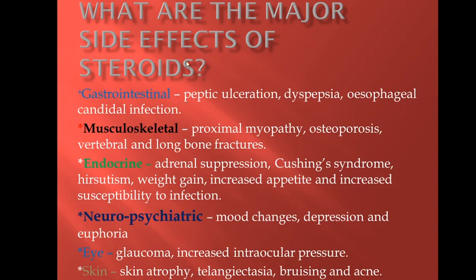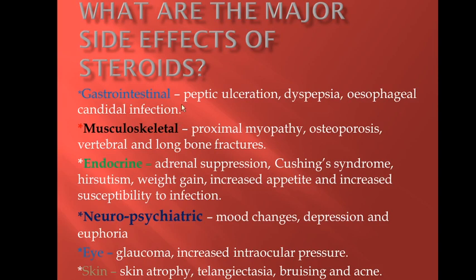The side effects of steroids on this system include peptic ulceration, dyspepsia, and esophageal candidal infection. Dyspepsia means discomfort or pain in the upper abdomen, and its symptoms are bloating, discomfort, and nausea.